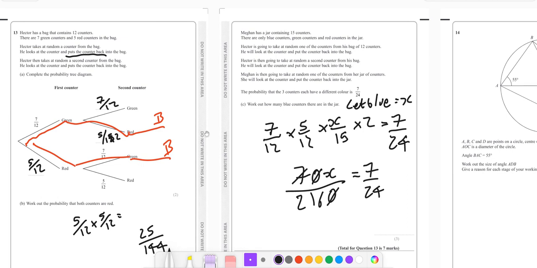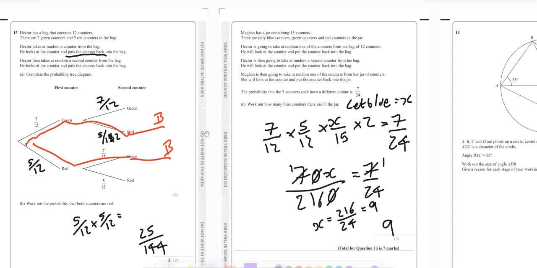So I divide both sides by 7. So I've got x equals 216 divided by 24, which hopefully will give us a whole number, and it does. It's 9. So there we have 9 counters. Okay, that required a little bit of thinking about. I hope you can follow what we've done there.